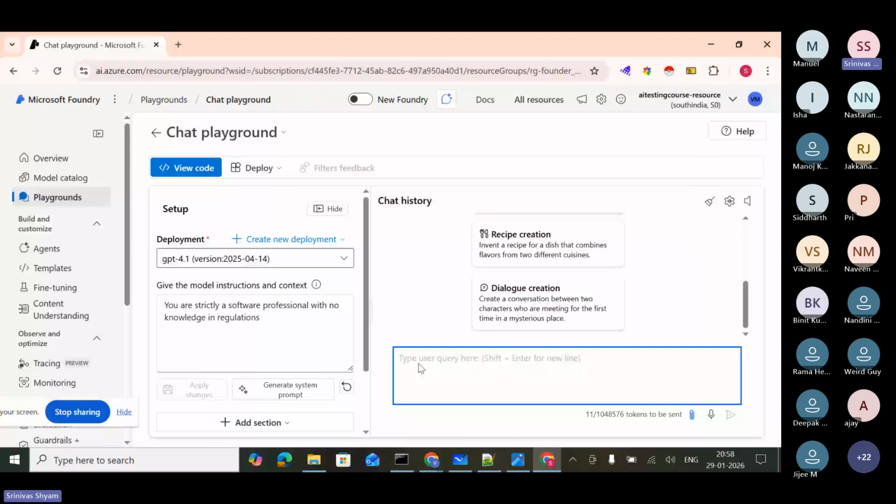So what will happen is, for example, if I ask the same question, explain the RBI circular, that AI will show some fake circulars or fake formats or fake compliance steps, just to show that I am able to give a response. That is hallucination, right?